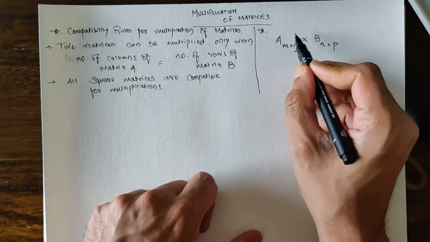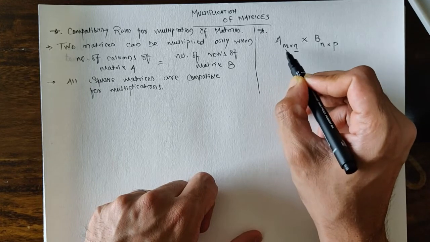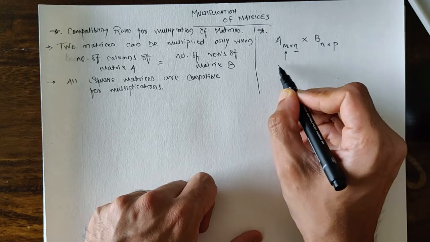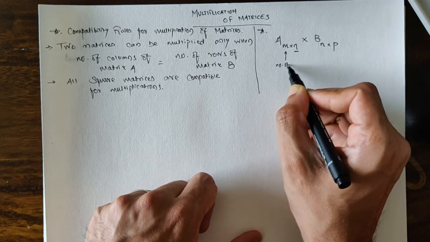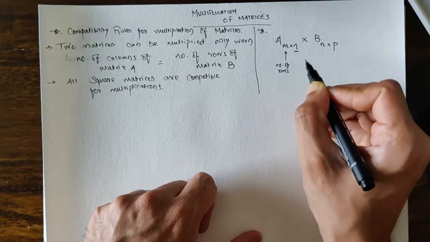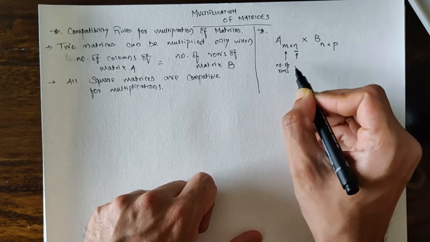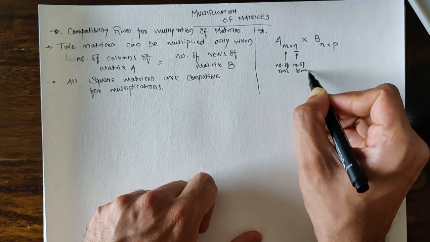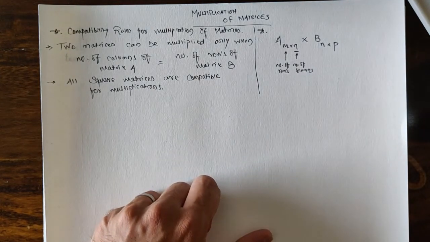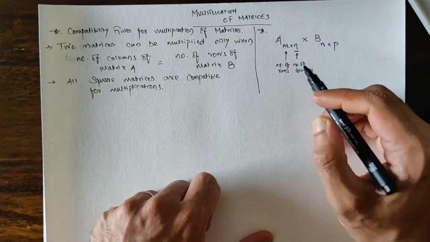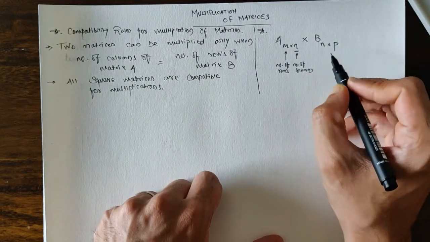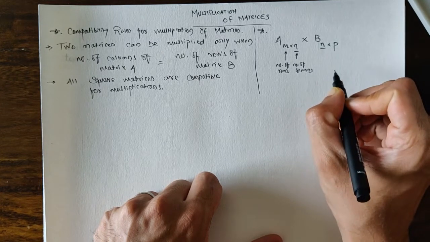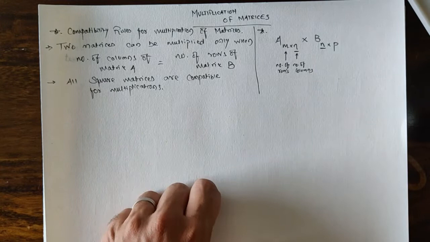Always when you write a matrix like A m cross n, or A m by n, m denotes the number of rows and n denotes the number of columns, right? So the number of columns in the first matrix is n. In the second matrix B, what is the number of rows? It is also n. And the number of columns is p.